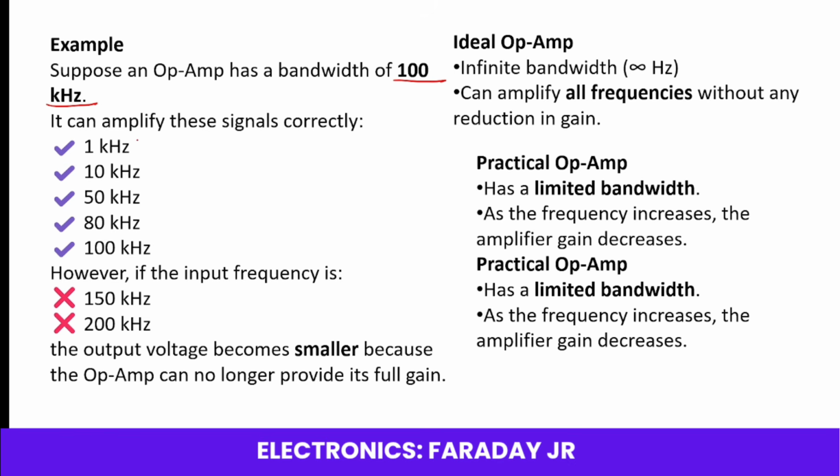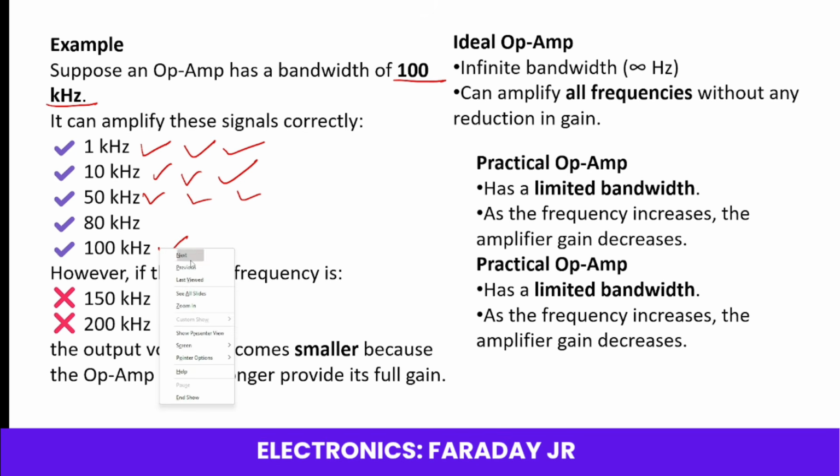If the signal is 1 kilohertz, it can amplify it very well. If it is 10 kilohertz, it's still within range. If it is 50 kilohertz, it can amplify it very well. And if it is 100 kilohertz, that's the maximum, it can still amplify it.